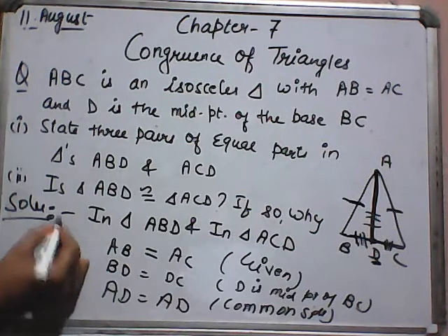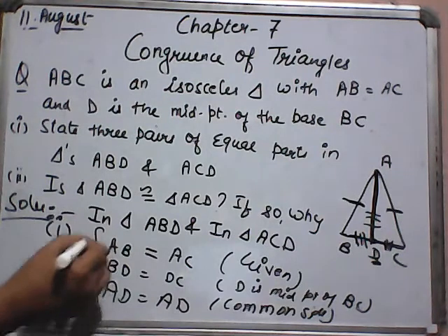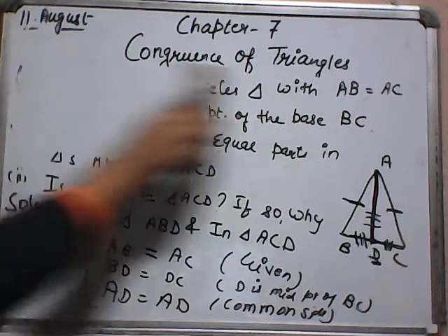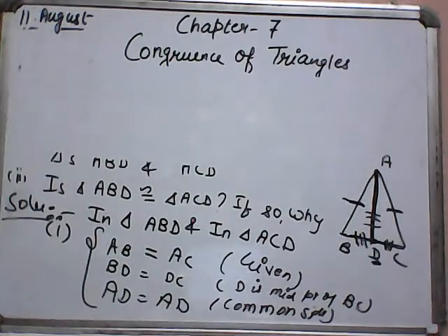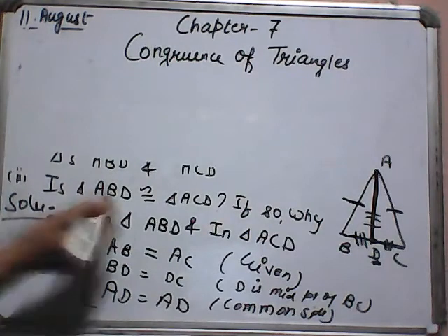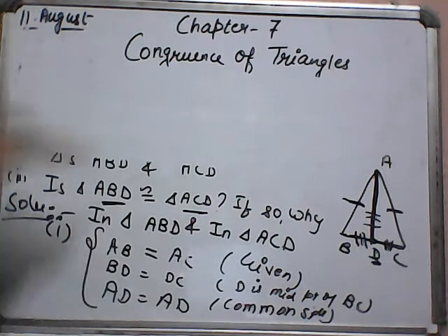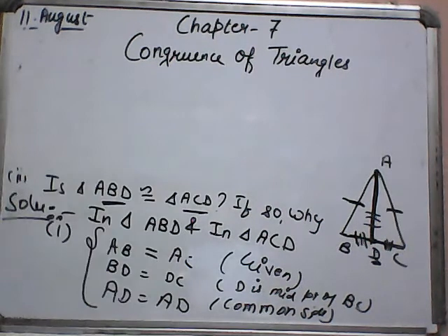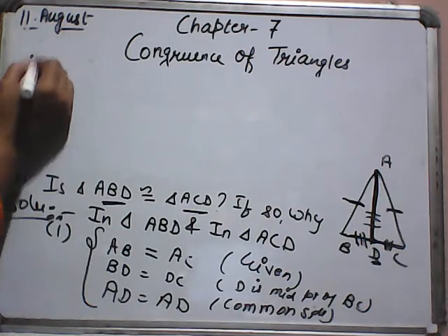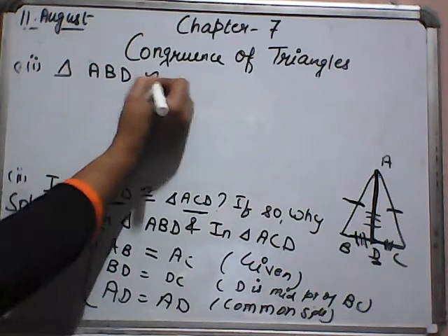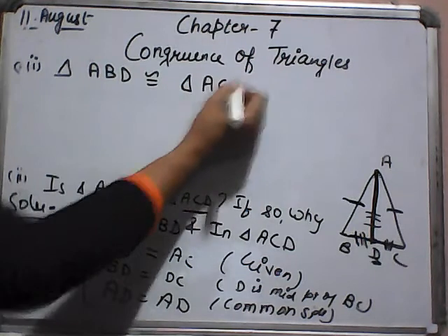For the first part, you have to find out the three pairs. These are the three pairs of equal parts in both triangles ABD and ACD. In the second part, you have to check whether triangle ABD and ACD are congruent or not. Yes, these two triangles are congruent. Triangle ABD is congruent to triangle ACD.